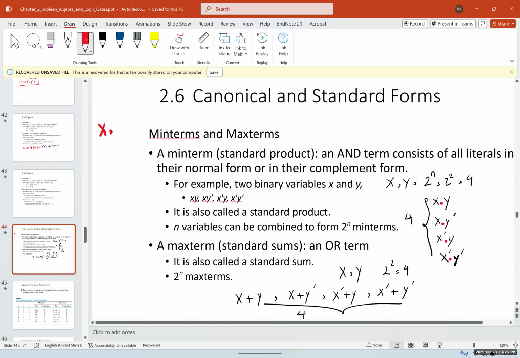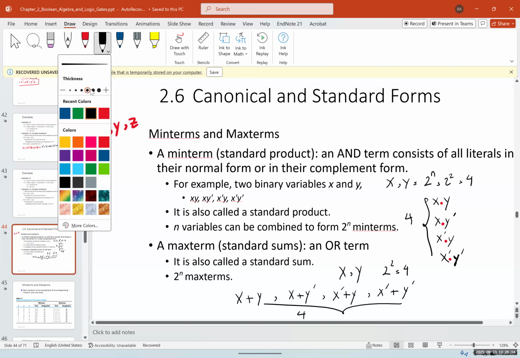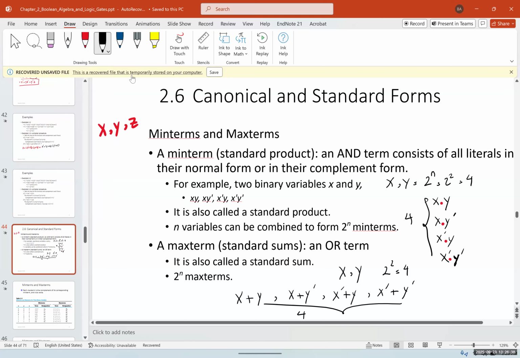Now, what if we have 3 variables, x, y, and z? How many max terms would we have? How many combinations would we have if I have x, y, and z? 8.